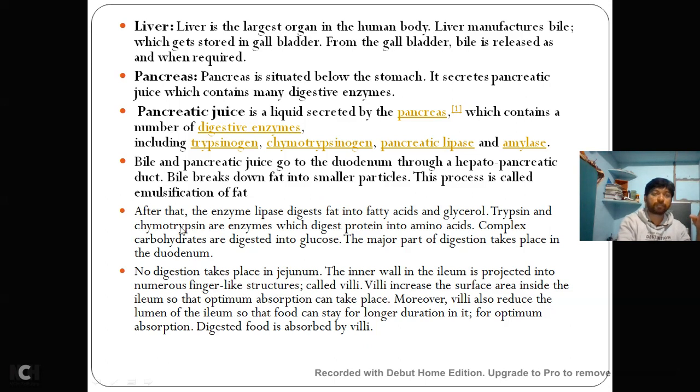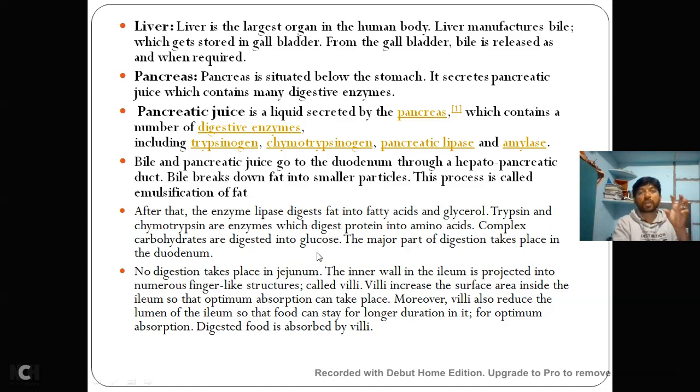Like this, the maximum digestion happens in the duodenum. No digestion takes place in the next parts of the small intestine, jejunum and ileum. But complete absorption takes place in the jejunum. No digestion, but absorption will take place in the jejunum.